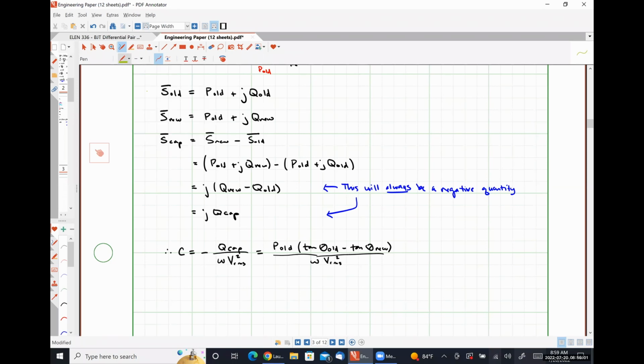I prefer this relationship because typically speaking, we'll be given an old power factor that's related directly to theta old and a new power factor that's related directly to theta new. So the information that we need in order to employ this equation is fairly straightforward to find.